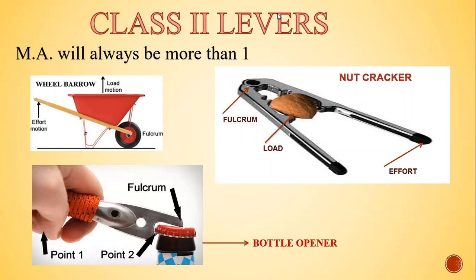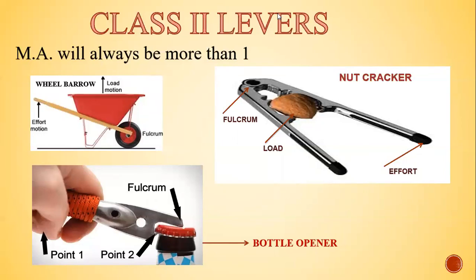Therefore, for class 2 levers, mechanical advantage will always be more than 1. You cannot obtain mechanical advantage less than 1 or equal to 1 for class 2 levers. It is only the class 1 lever where we get mechanical advantage equal to 1, greater than 1, or less than 1.